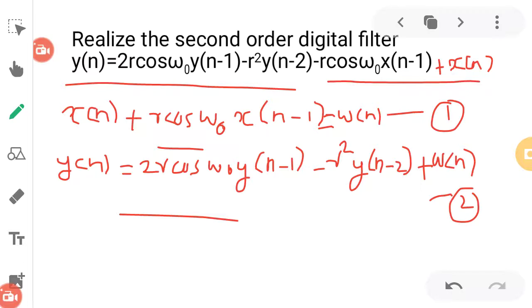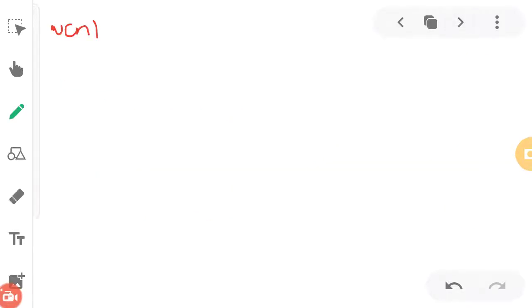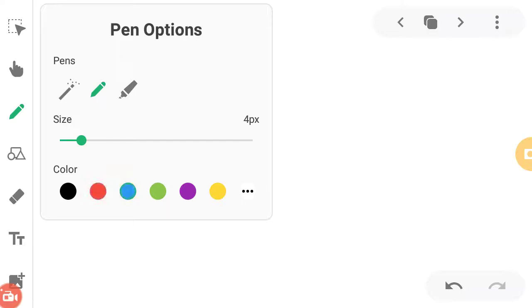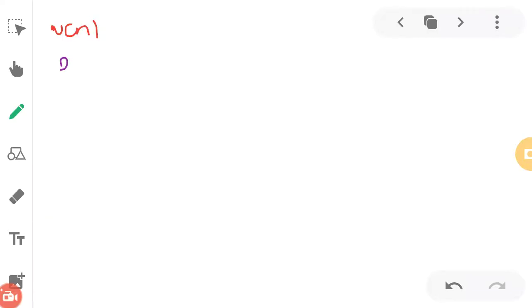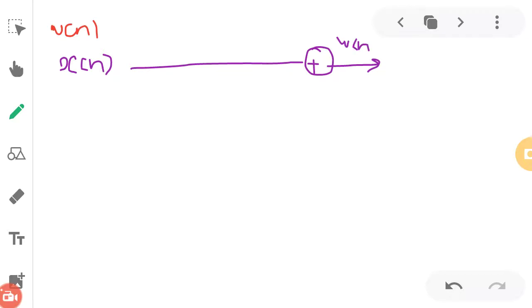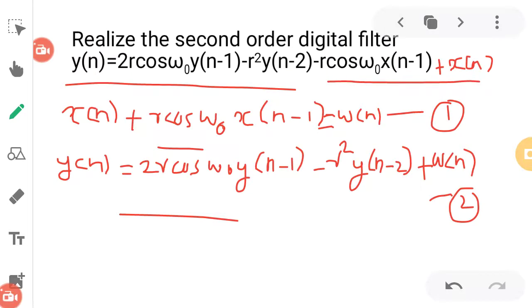Because w of n equal to x of n minus r cos omega 0 x of n minus 1, that means first we have to draw x of n, that we will directly give as x of n. This will be equal to w of n, x of n plus the next term r cos omega 0 x of n minus 1.